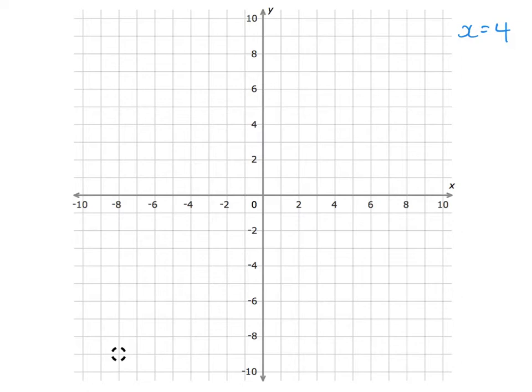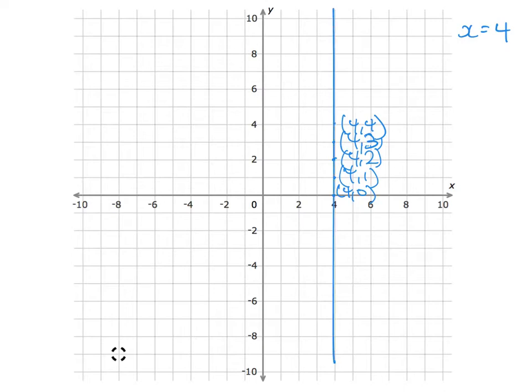If you think of all the coordinates where x is equal to 4, this is (4, 0), this is (4, 1), this is (4, 2), this is (4, 3), this is (4, 4), and you would notice in all the coordinates x is equal to 4. So therefore the line x equals 4 would be a straight line passing through where x is 4 on the x-axis.